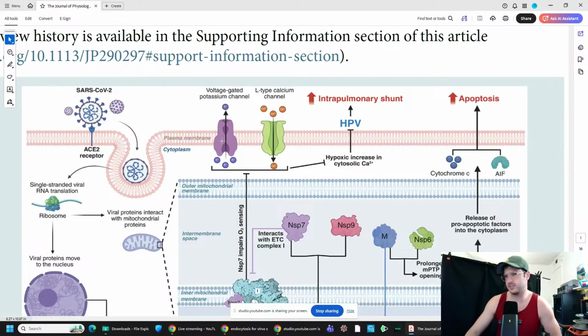This is similar to that one paper we reviewed a long time ago, where it's talking about how this sort of thing changes the shape of the cell, which makes it more prone to lysing, which is a cellular explosion essentially. But this is how the virus enters the cell.